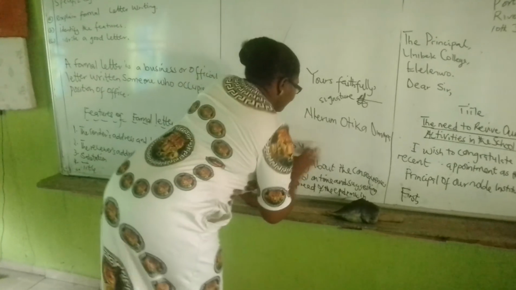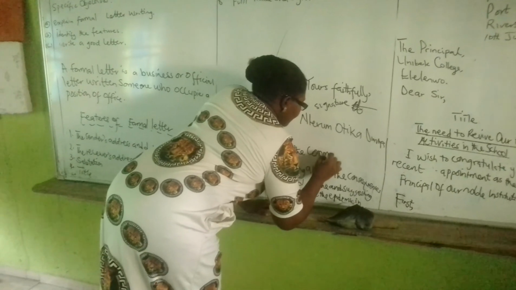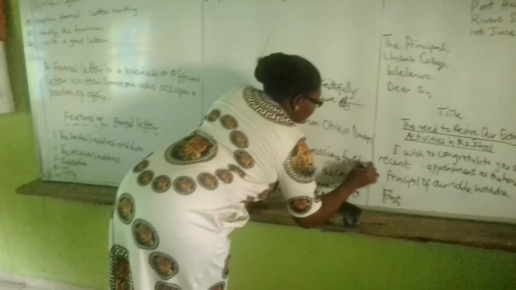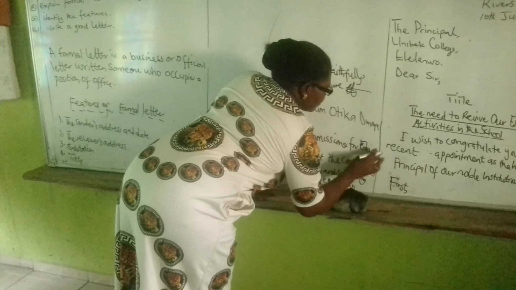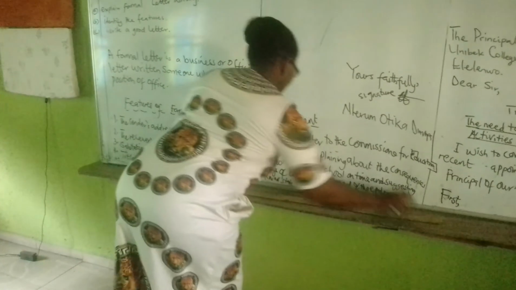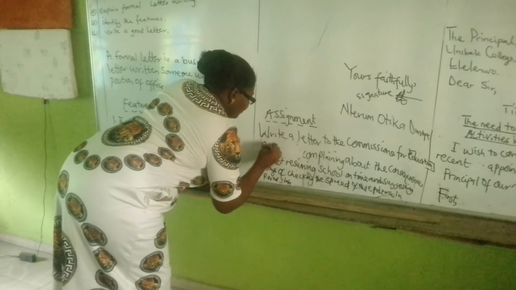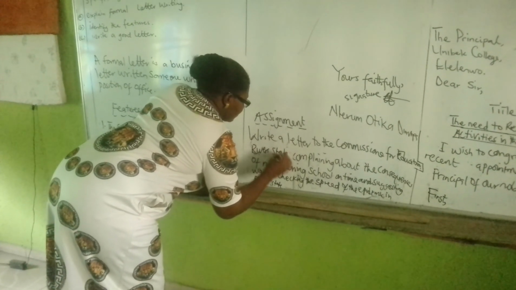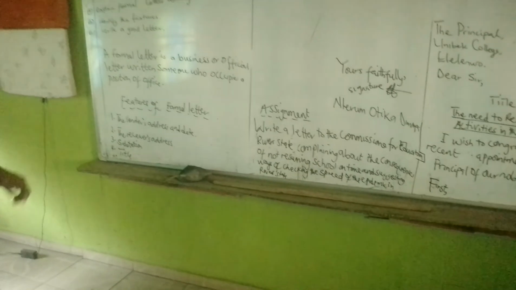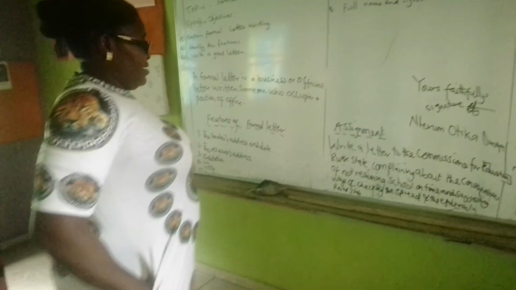Write a letter to the Commissioner for Education, Rivers State, complaining about the consequences of not resuming school on time and suggesting ways of checking the spread of the epidemic in Rivers State.